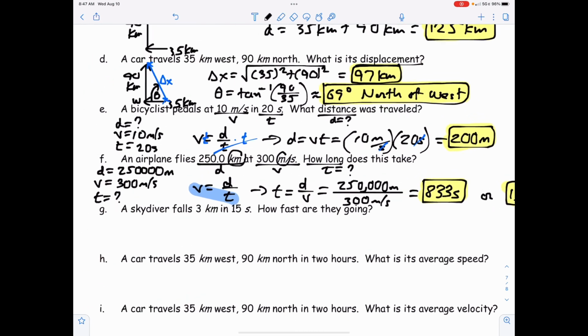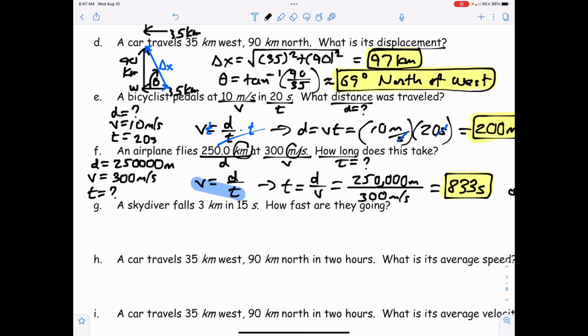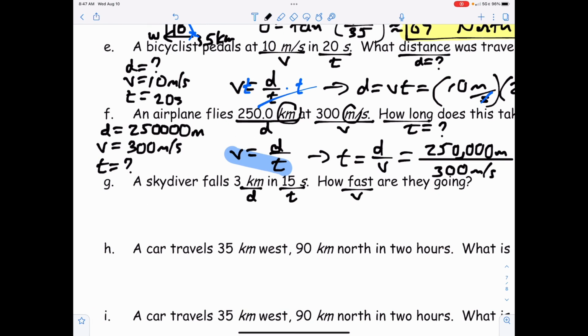Okay, a skydiver falls 3 kilometers in 15 seconds. How fast are they going? So 3 kilometers is distance, 15 seconds is time, and we're looking for speed. So distance would be 3,000 meters. We're changing the units. Time is 15 seconds, and we're looking for speed, distance over time, and we can just plug right in.